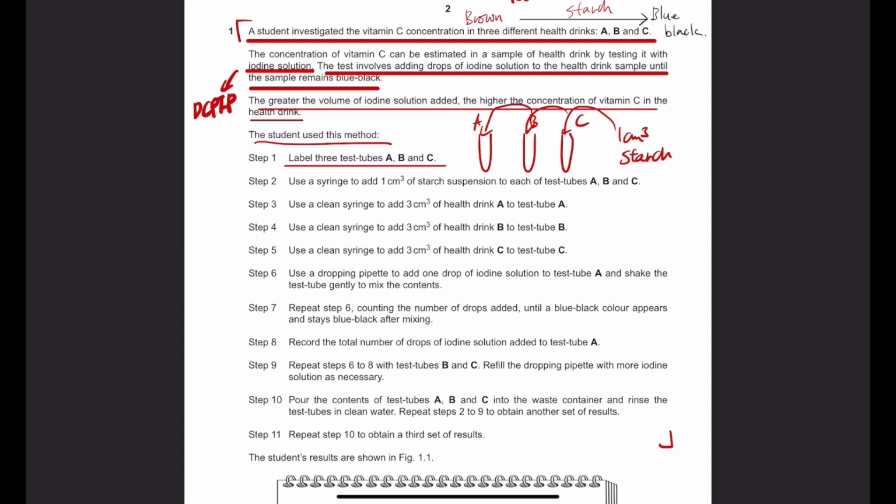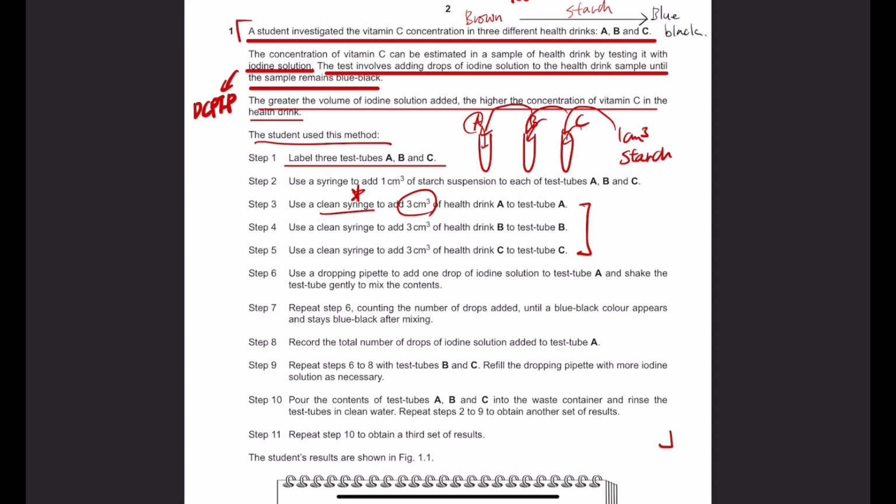Okay, and then used another clean syringe. This is good. The student actually used a very good technique here, using a clean syringe to add 3 cubic centimeters of health drink A. So health drink A is put into test tube A. Health drink B was put into test tube B, C to C here.